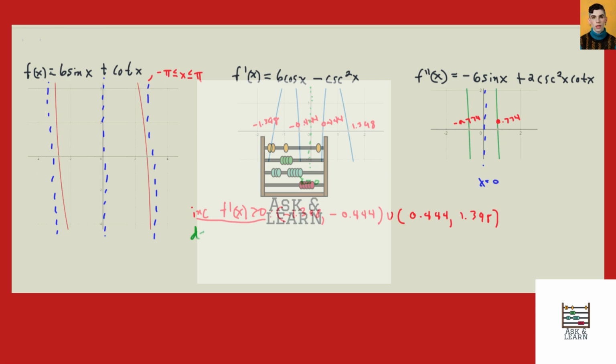Now to find where it's decreasing, we want to find where f prime is strictly less than 0.